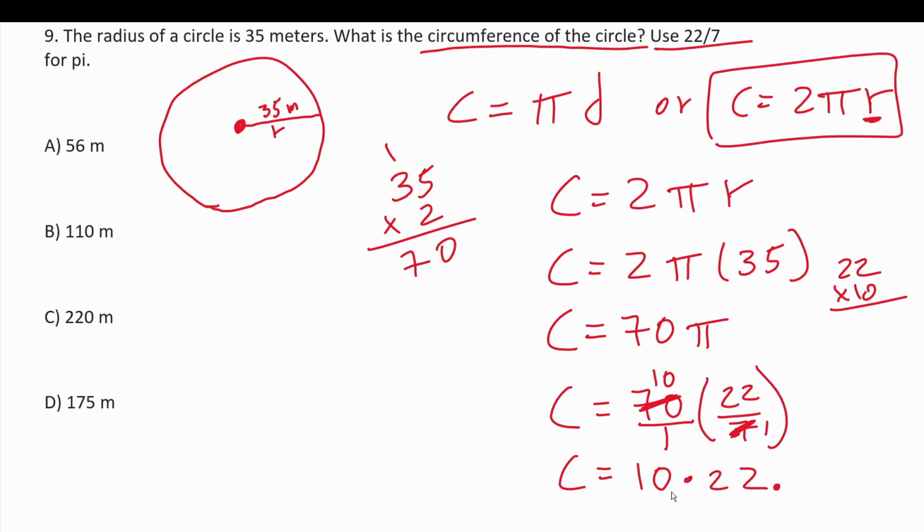And since we're multiplying it by a power of 10, all we're going to do is take its decimal and shift it to the right according to how many zeros there are in our power of 10. In 10, there's 1 zero, so we're going to shift our decimal one time to the right and add in a 0 placeholder. So this is 220, and our answer, therefore, is 220 meters. C.